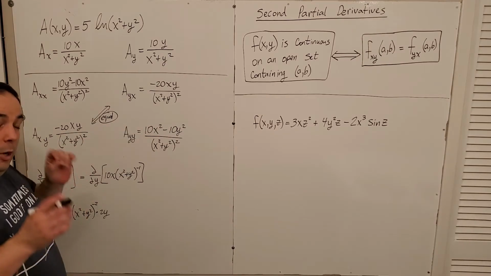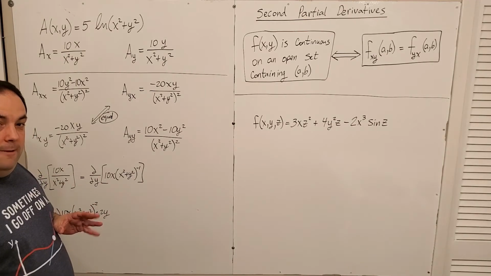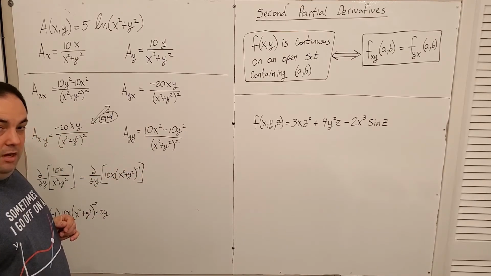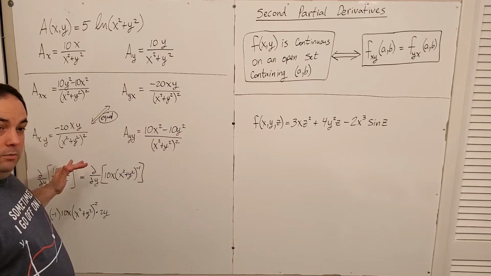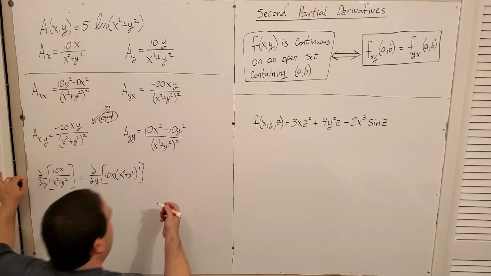And sure, they're both undefined. That doesn't mean they're equal. They're both undefined, which means they both don't have a value there, which means they are not equal at (0, 0). So just a quick side note, these two are equal.